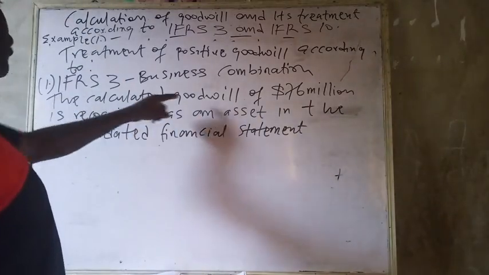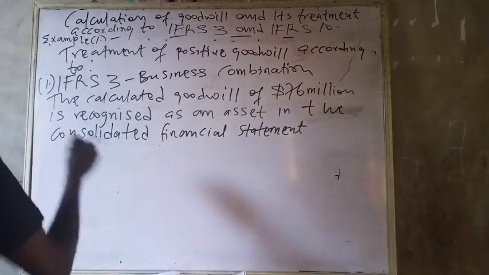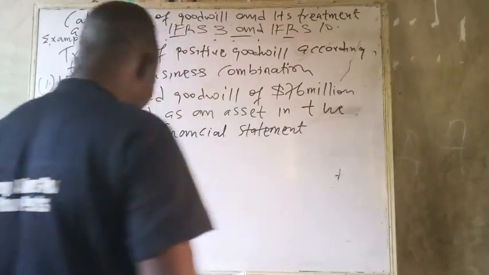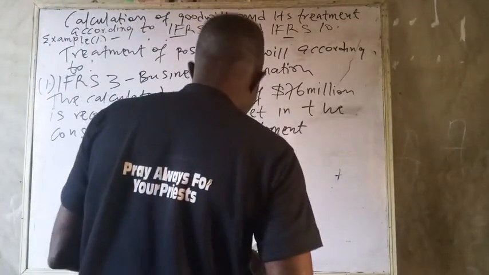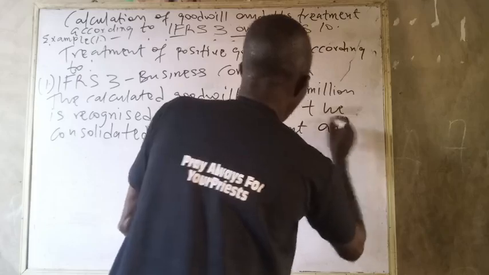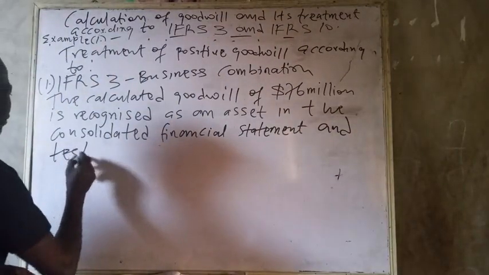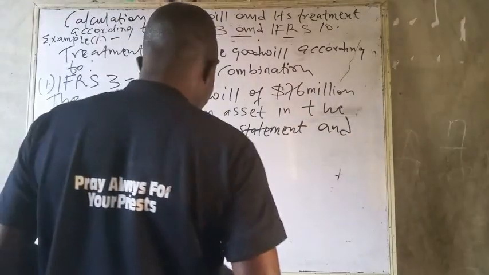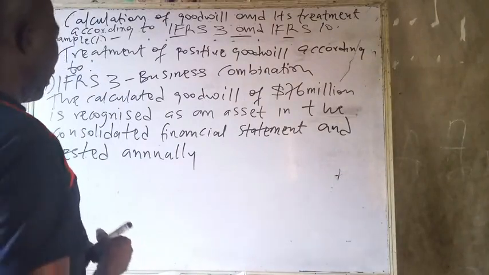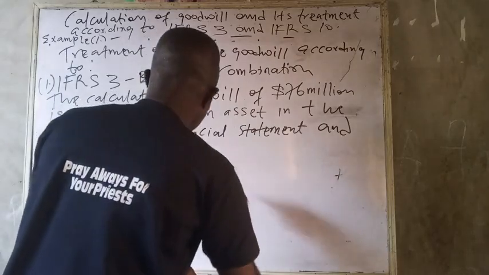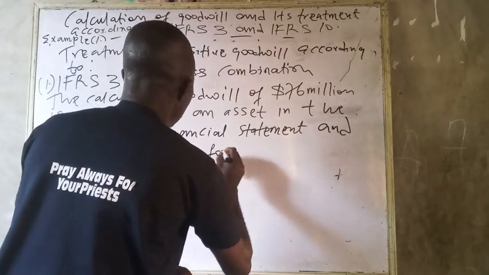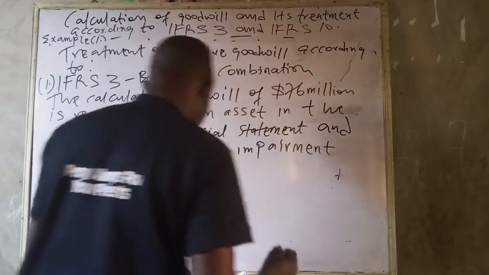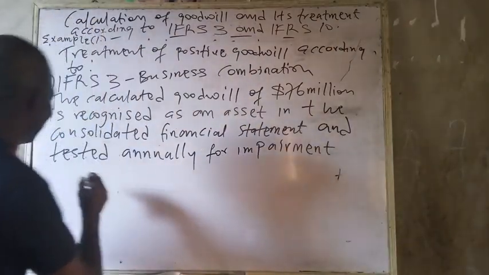So I continue. The calculated goodwill of $76 million is recognized as an asset in the Consolidated Financial Statement, and tested annually for impairment, instead of being amortized.